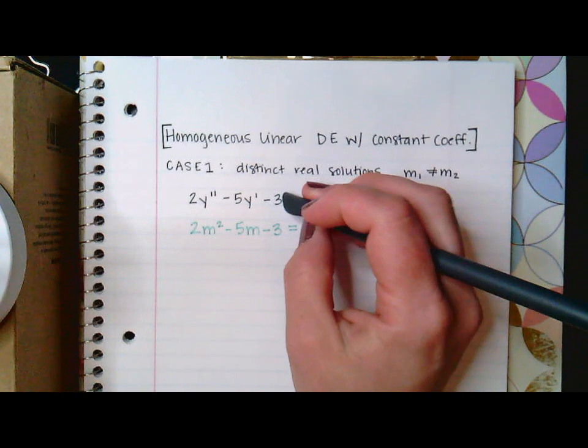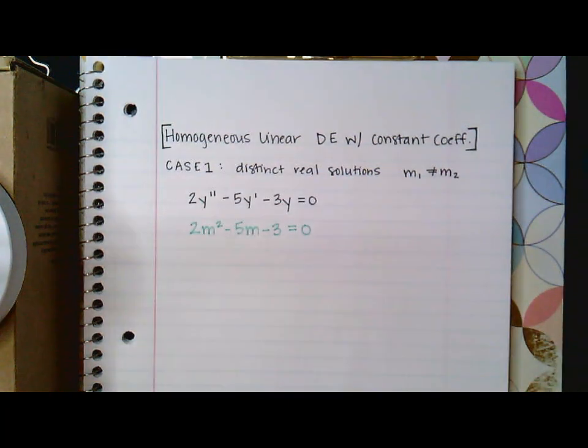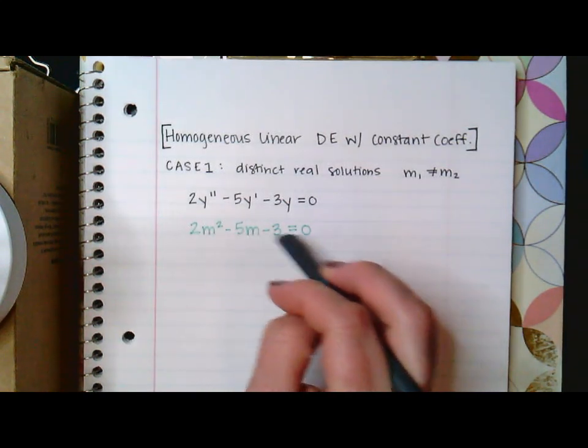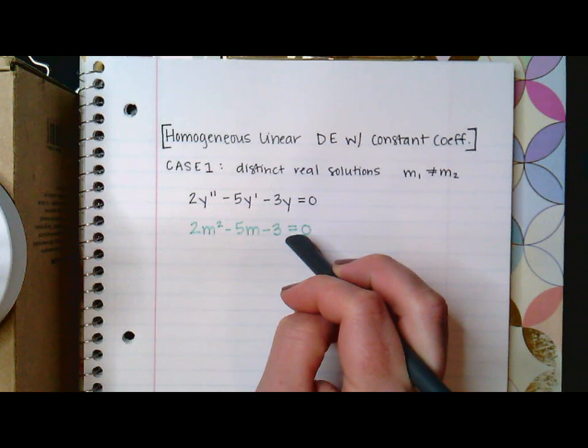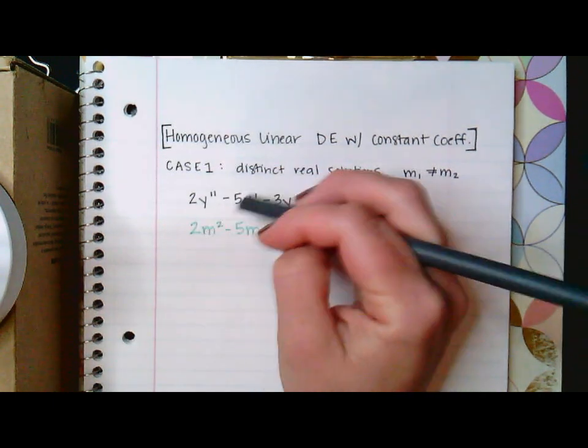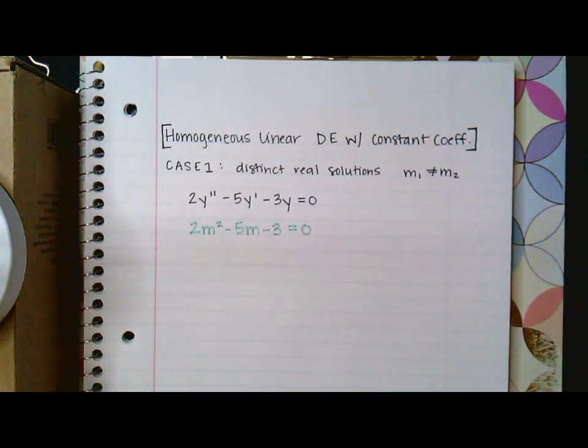I like to think about it as like you had to factor out that e to the mx part, so you had to almost like factor out that y piece, and then this is what's left over when you do that. So you have 2m squared minus 5m minus 3.